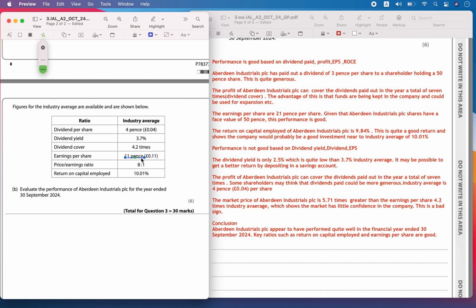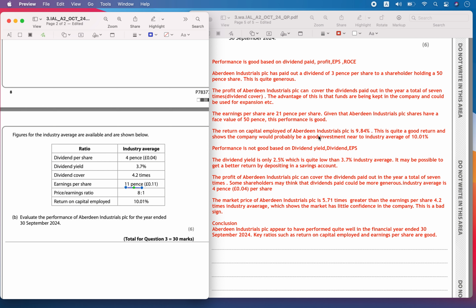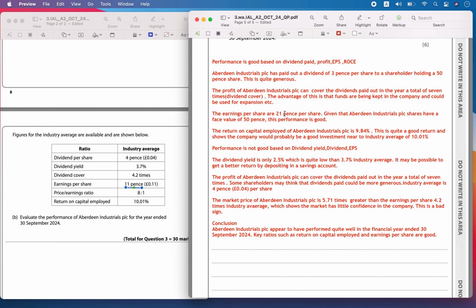So what is the face value? The face value of the share was 0.5 pounds per share. Which means that they are doing very good. Compared to the industry's 11 pence, they are offering earnings per share of 21, so the performance is good.